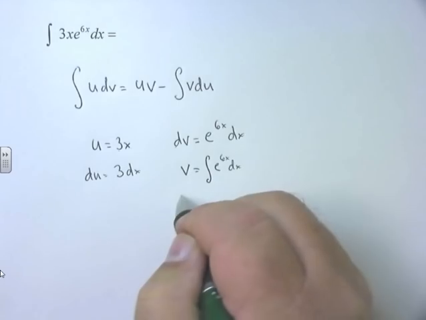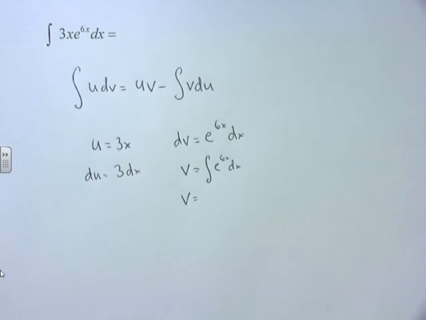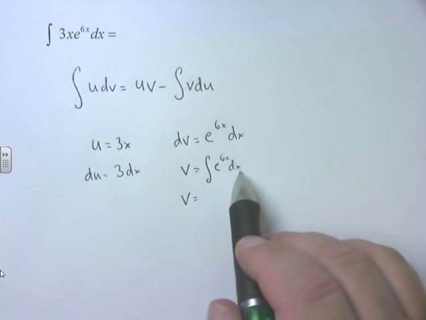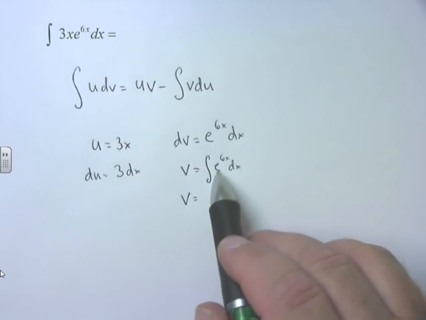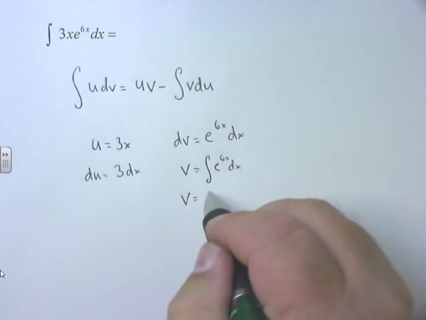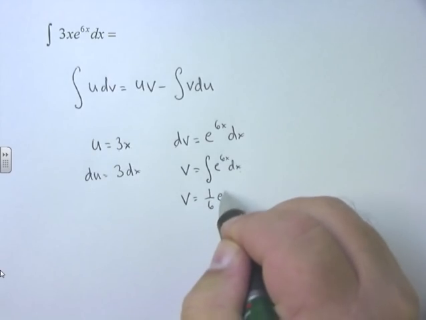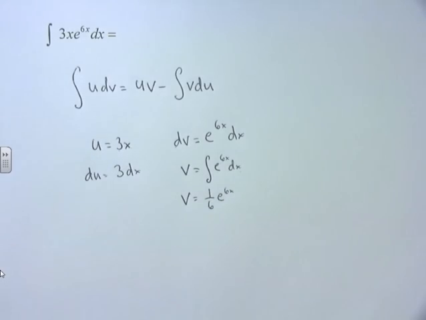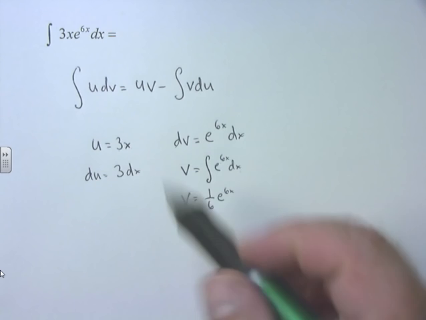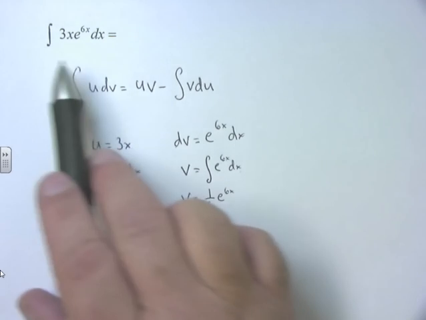I want to remind you of one of your basic rules memorized from section 5.5, the e to the kx dx formula. The integral of e to the kx dx is 1 over k times e to the kx. In this case, it'll be 1 over 6 e to the 6x. That's one of those fast tricks of integration that's going to come in very handy here. Now, you had two parts to let u equal.